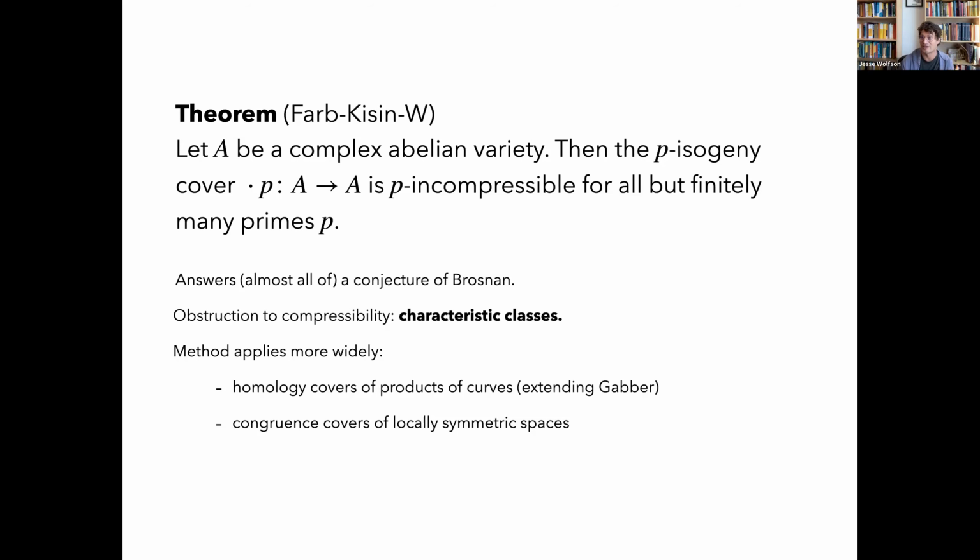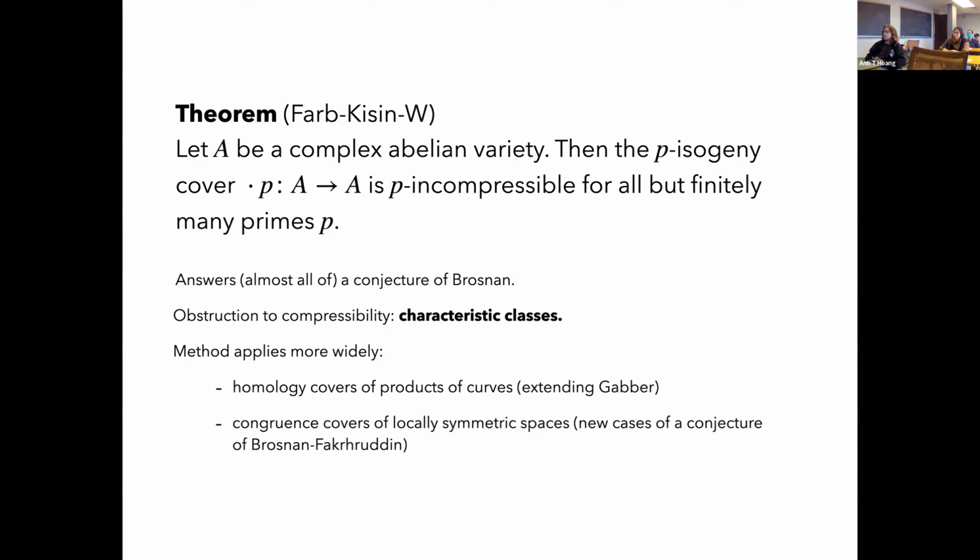So if you're asking what is a great source in nature of examples of interesting finite covers in interesting spaces, this is one of the first ones I'd point you to. And we're able to give new examples where these covers are not P compressible. So they're of maximum complexity by this measure using characteristic classes. So that's a new case of the conjecture due to Patrick Brosnan and Najmuddin Fakhruddin.